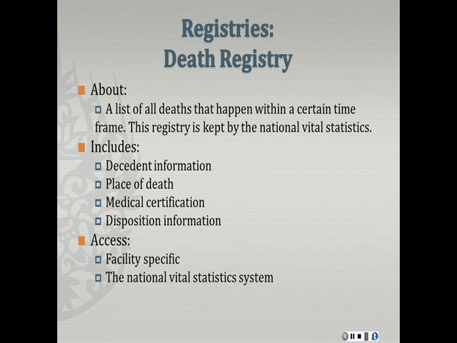It is facility specific as far as how you want to do it, but it is accessible through the National Vital Statistics System because they do have to report it, like the birth registry. They have to report this to the vital statistics.